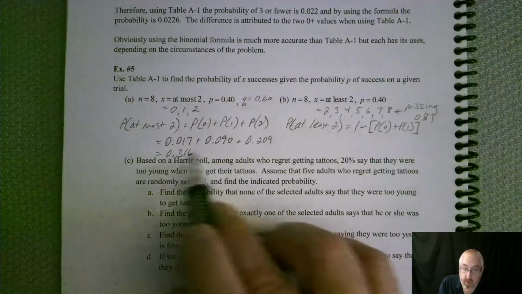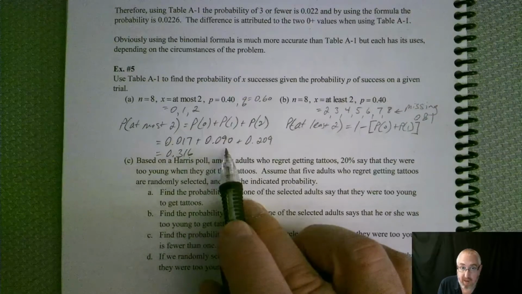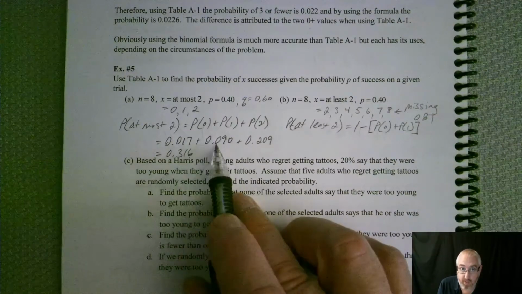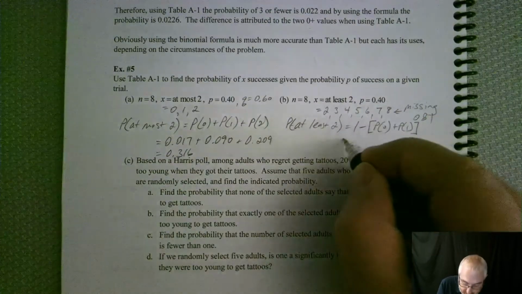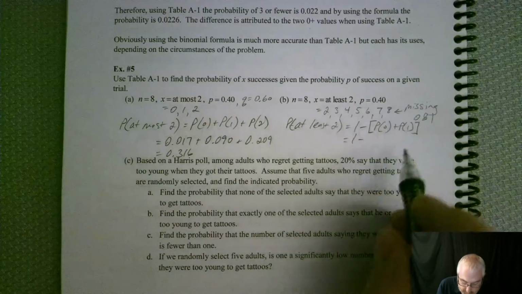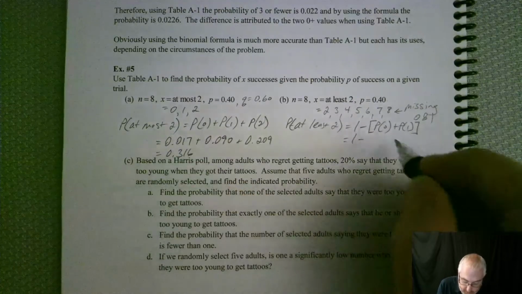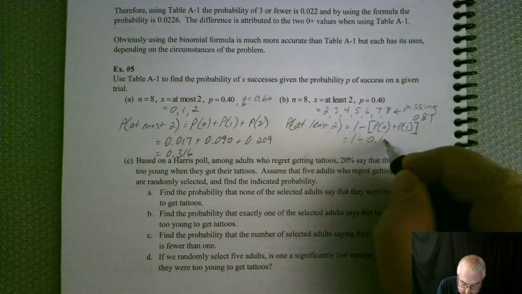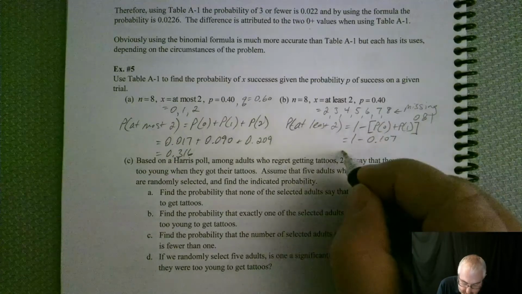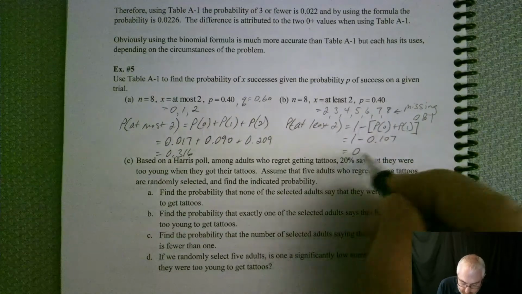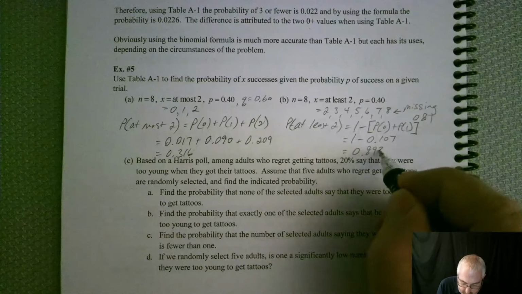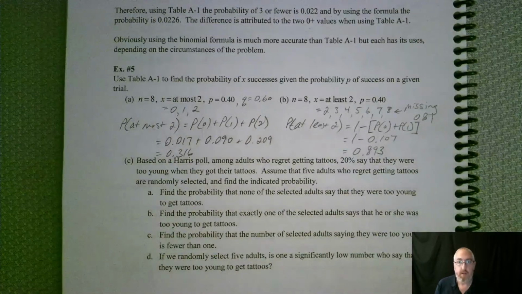Now, we already have 0 and 1 on this side, so we know this is the probability of 0, we know this is the probability of 1, so we can just combine those pretty quickly. So that looks like it's going to be 0.107. And so now when we subtract those, we're going to get 0.893. So that's going to be the faster way to do some of these problems.